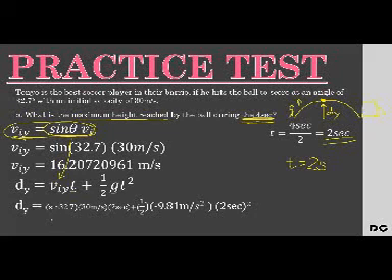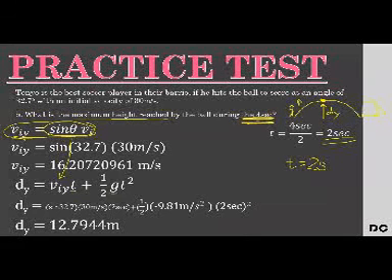So if we input this in our calculator, that is equal to 12.7944 meters. And from our given, 32.7, we have 30 meters per second and also 4 seconds.